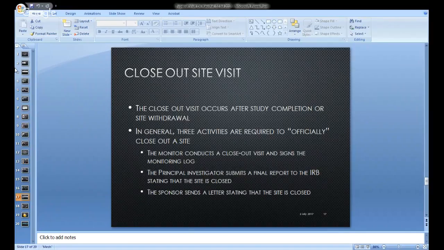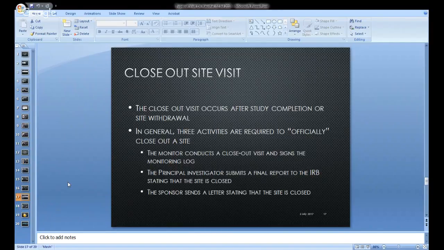The first visit that is put in your visit log is your SIV, and the last visit is nothing but your closeout visit. Second, the principal investigator submits a final report to the IRB stating that the site is closed. So ensure that the ethics committee is well intimated in time about the closure of the site happening on XYZ date and the notification is procured.